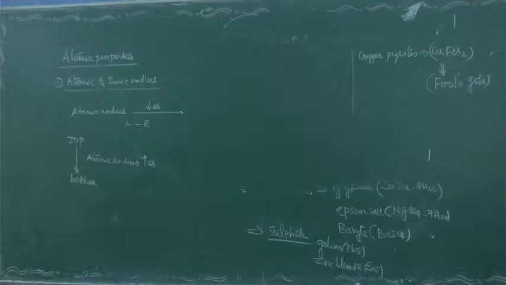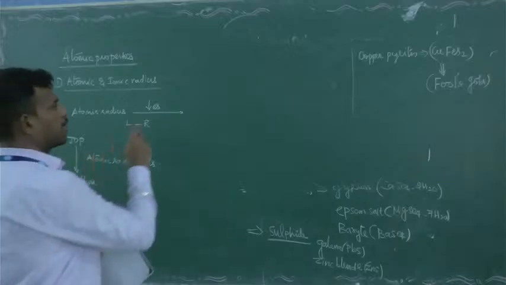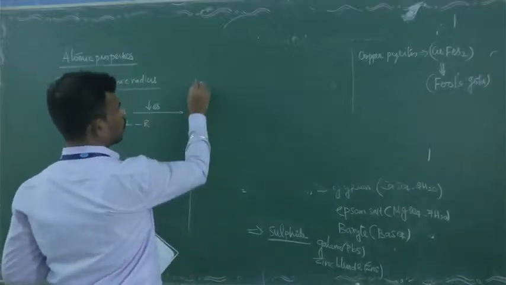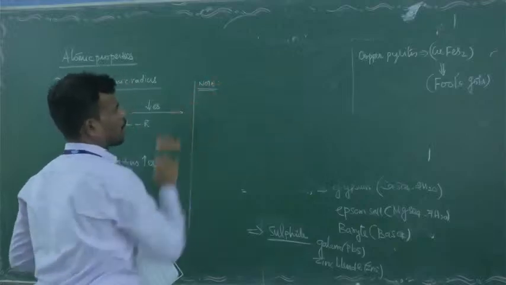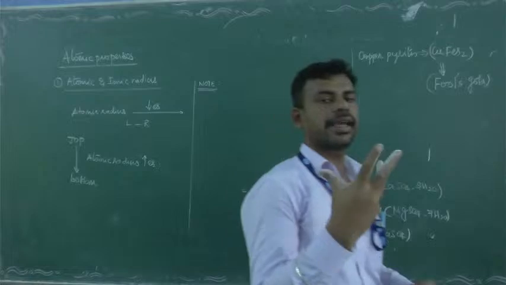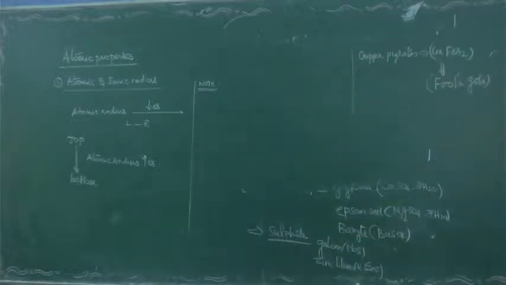Is it clear? And the exception is this, listen carefully. Note this point. If asked which element in group 16 is smaller in size, it is oxygen. The size of oxygen is exceptionally small, as given in the NCERT.